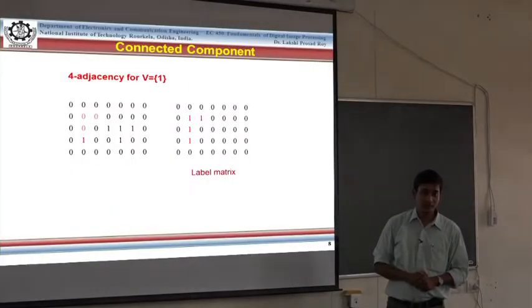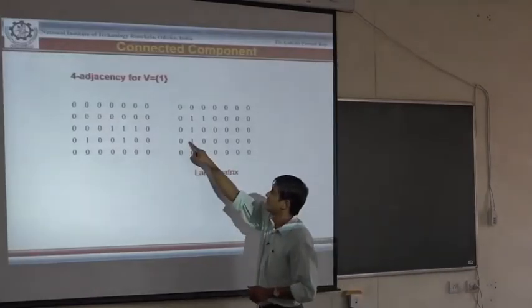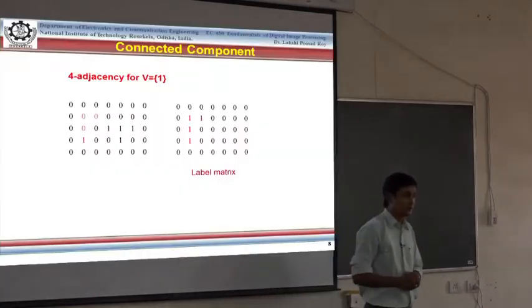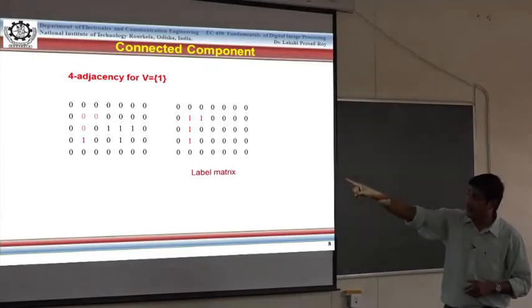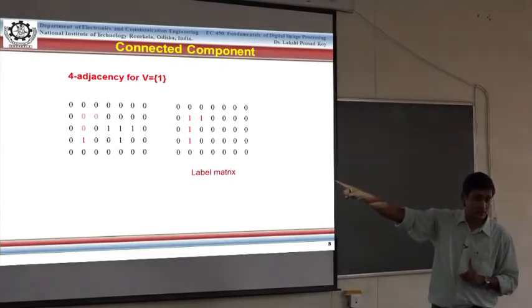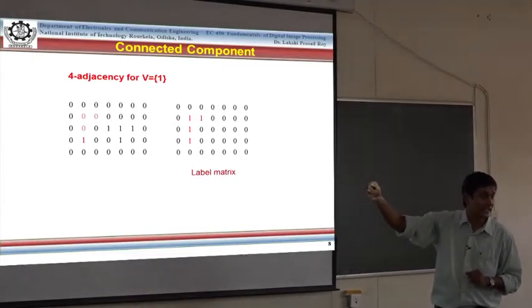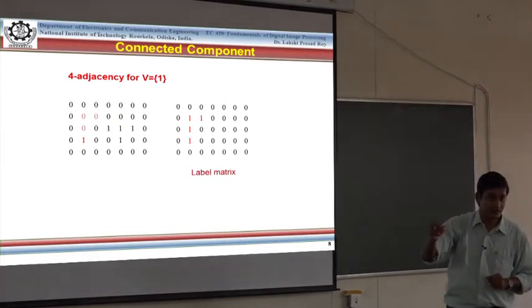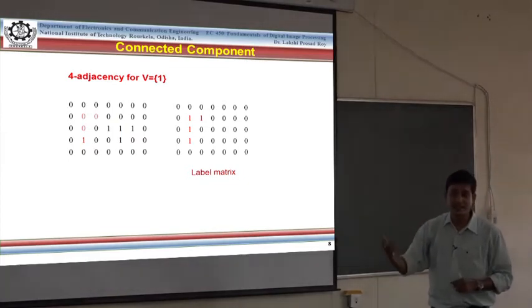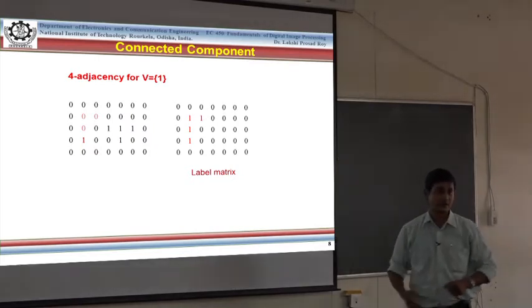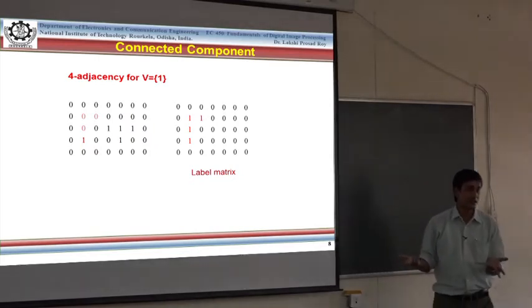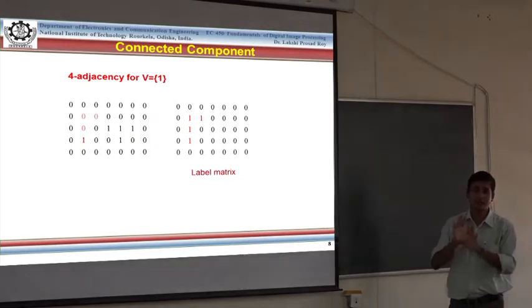Okay? Now that neighbor has come here, but still that one is red marked in that place. So you have to visit it also, and you have to check its neighbors again. Okay? So in the next step, we are checking its 4 neighbors. I have found nothing. So my search is complete there.